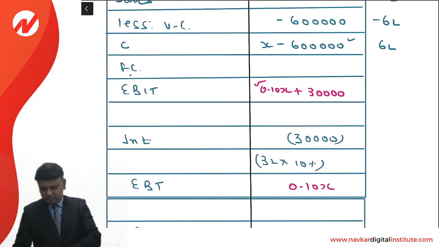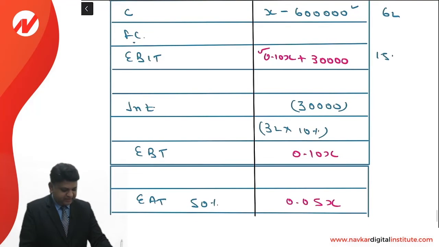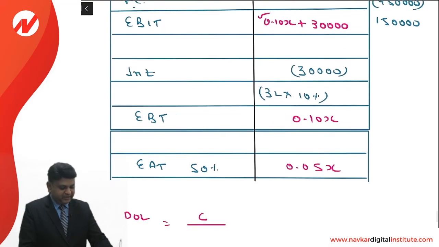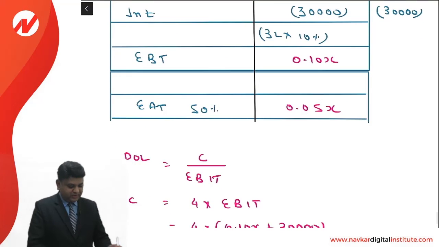DOL is 4. So contribution divided by 4 will give EBIT. That is an amount of 1,50,000. So this is automatically 4,50,000. Amount of interest is 30,000. 1,50,000 minus 30,000 comes to 1,20,000.